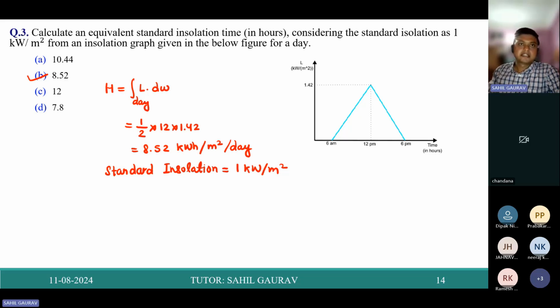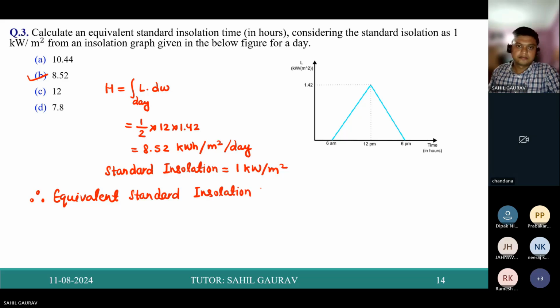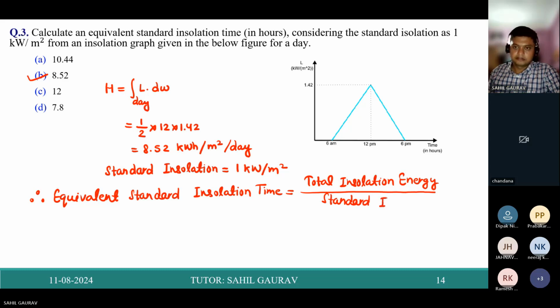Here they are asking about the time, so we have to divide the total insolation energy by the standard insolation. Therefore, the equivalent standard insolation time equals total insolation energy upon standard insolation.